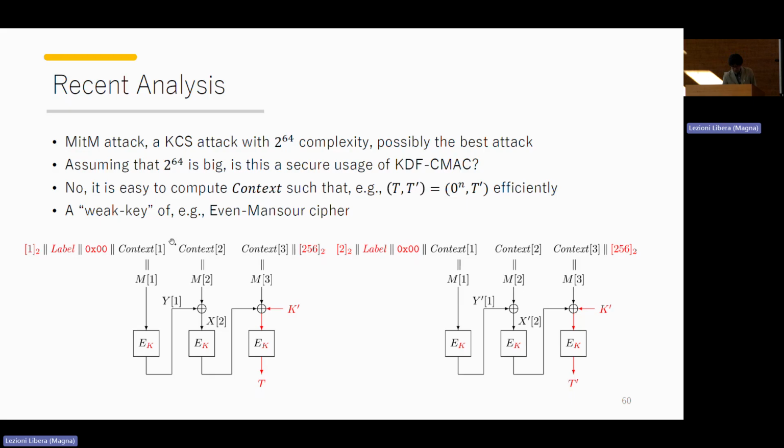And based on the context 1, 2, 3 derived from this part, we can compute T prime. We don't have control over T prime, but we can nevertheless fix the first part to all 0 efficiently. And this actually forms a weak key of the Iwata cipher. If you know the input key of the Iwata cipher is fixed to 0 string, then it cannot be secure.